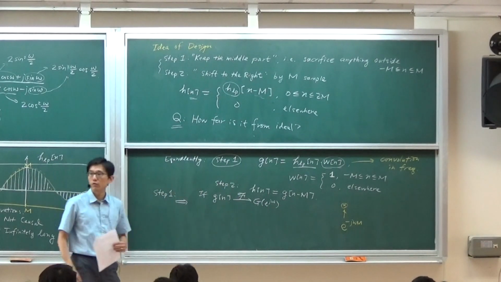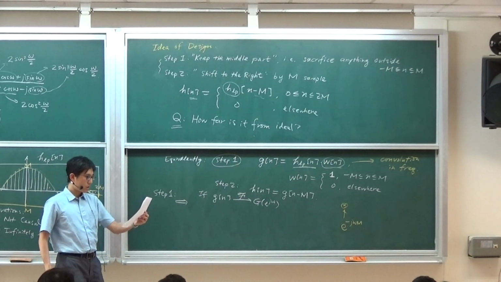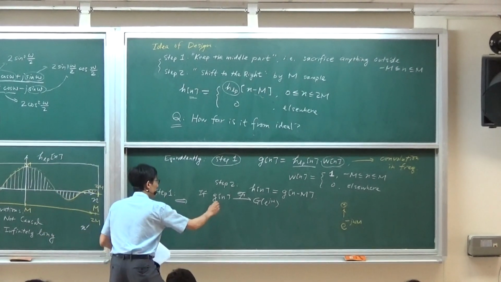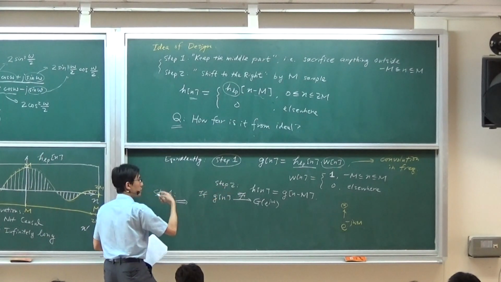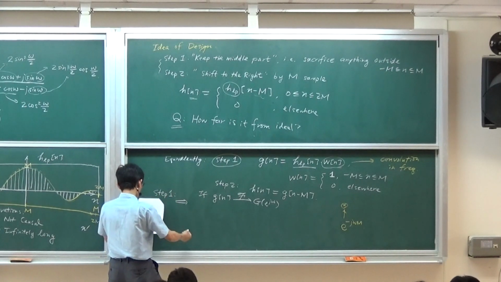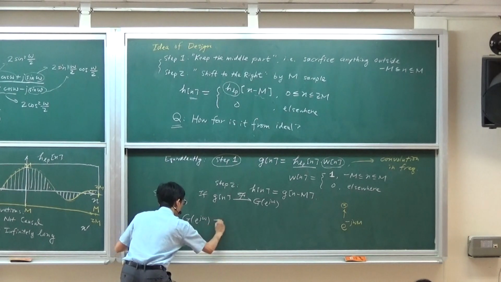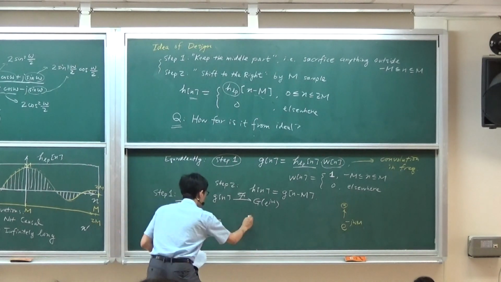This is our notation so far. It turns out that multiplication in the time domain results in convolution in the frequency domain, and the resulting spectrum is going to be expressed as a convolution.